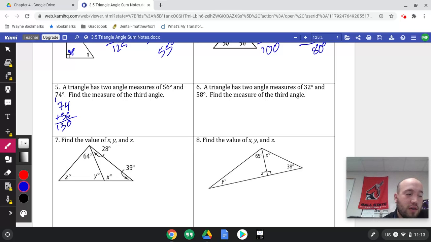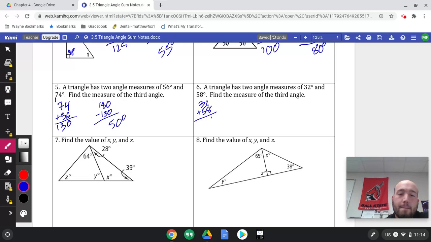We'll get 130, and then we take 180 minus that 130, and we get 50 degrees. Final one, 32 plus 58 gives us 90, so then we do 180 minus that 90, and we're left with 90 degrees for the third angle.